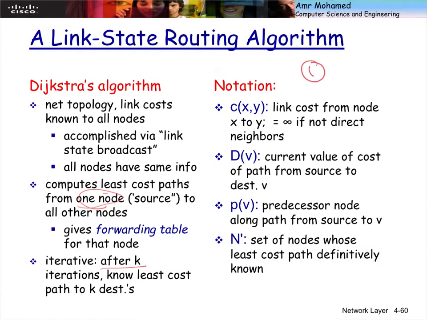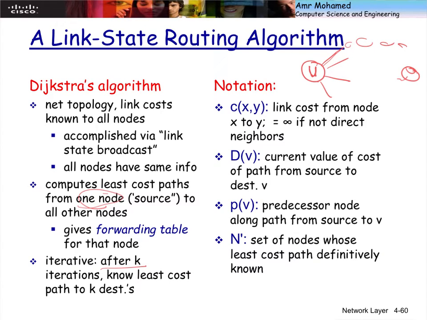So of course we have the source node U, and we have different routers. So the idea is that at the beginning we have the cost between U and all the neighboring nodes. This cost is known, right? And usually it's finite. Okay? And then in the initial phase, U does not know the cost to the non-adjacent nodes.